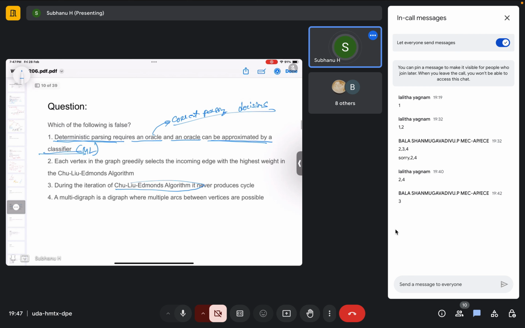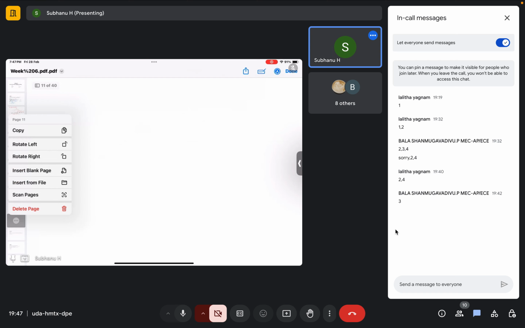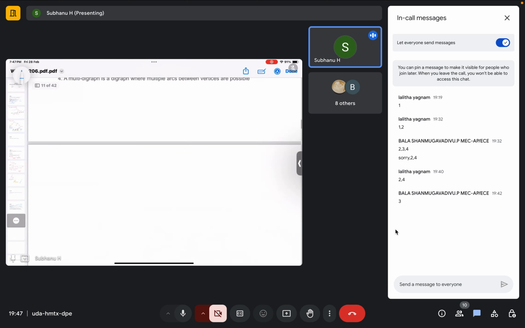So that's why this statement is also true. If you don't know about this algorithm, I'll describe it after, or I can describe it here. It will take some time to describe this algorithm. This algorithm is really very big.